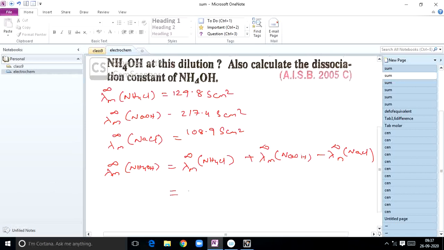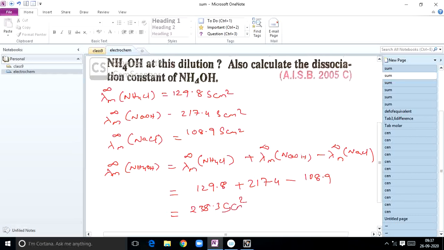So lambda infinity of ammonium hydroxide: 129.8 plus 217.4 minus 108.9. If you substitute all these things, what are you going to get, students? Add these two and subtract, you will get 238.3 Siemens centimeter square.